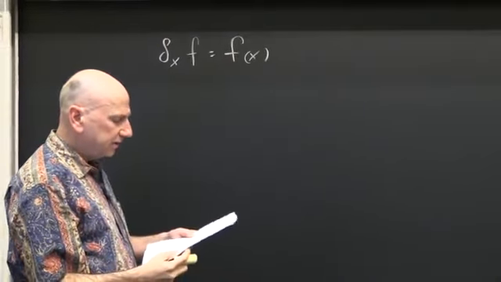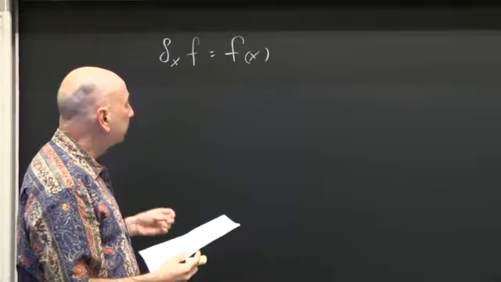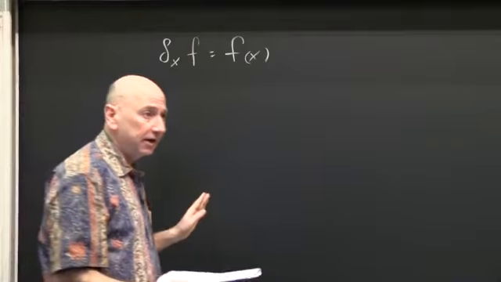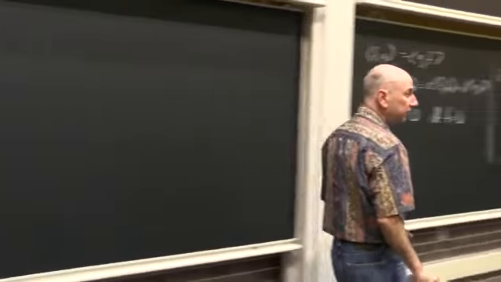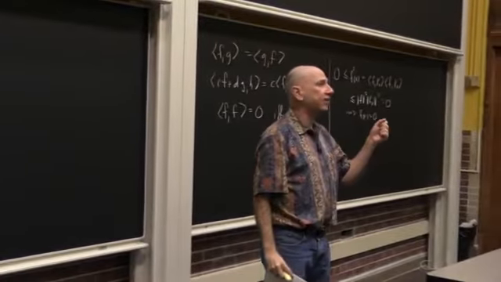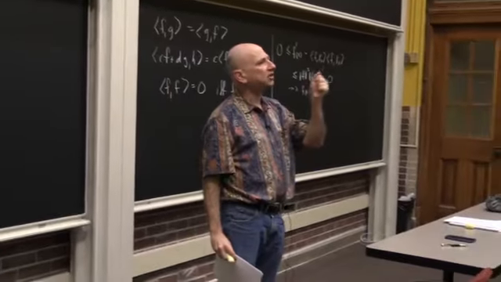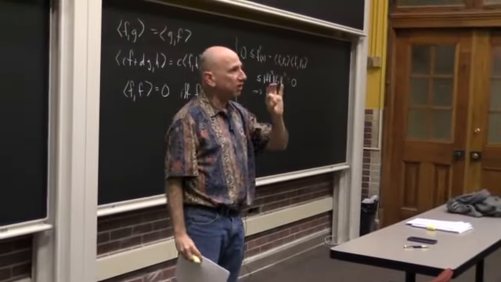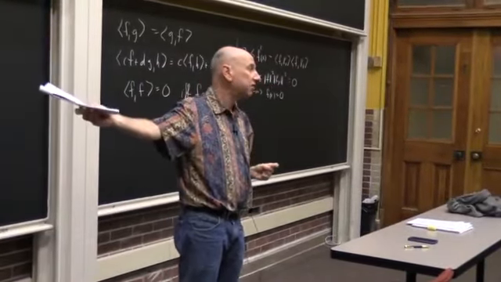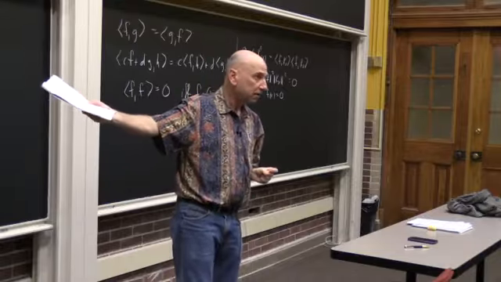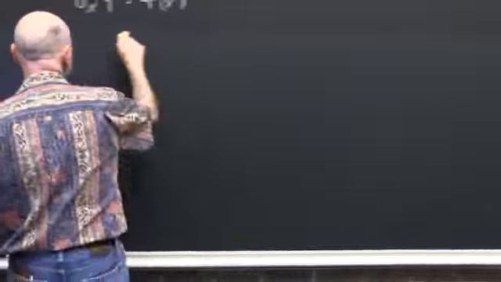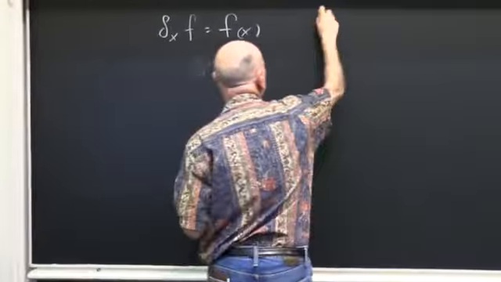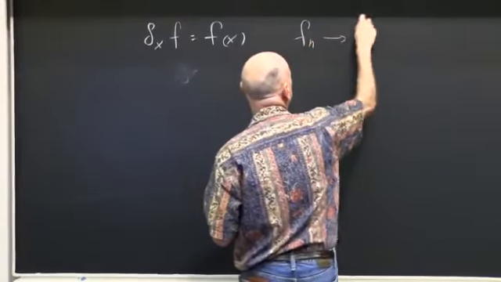And normally, like in L2, for example, this evaluation functional is not continuous. And that's just another way of saying that if Fn converges to F in norm, it doesn't mean it converges pointwise, because that would be saying that this evaluation functional converges. But for reproducing kernel Hilbert spaces, it is true. So suppose I have Fn converging to F in norm.